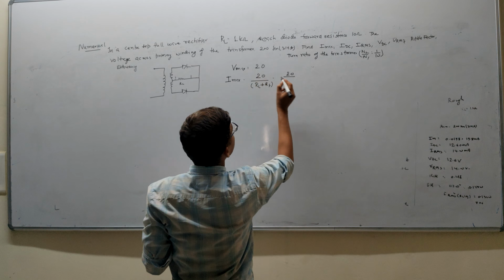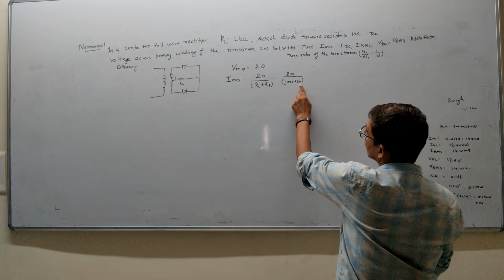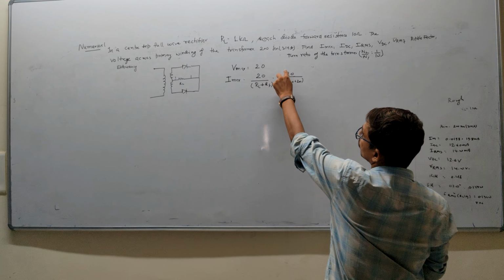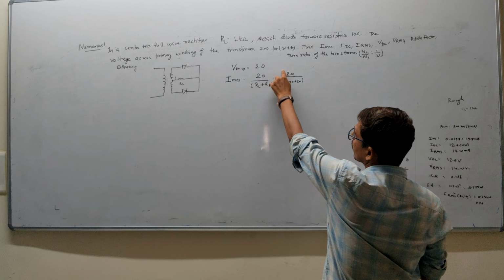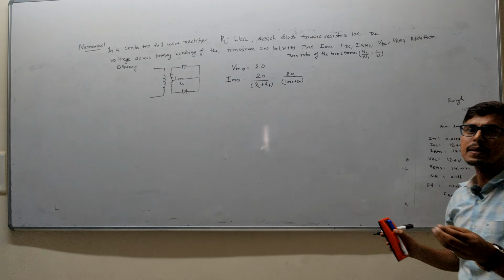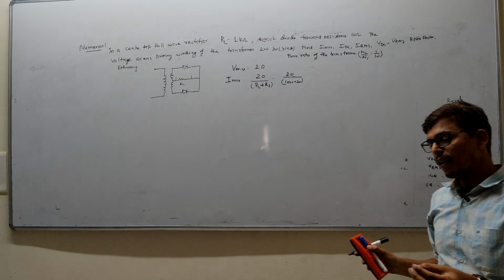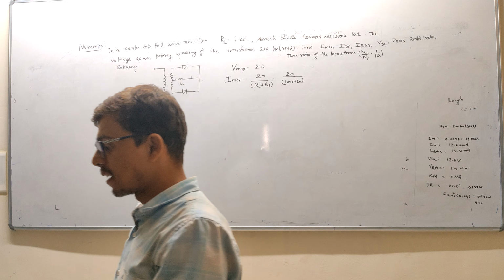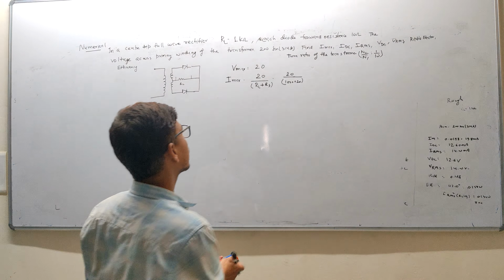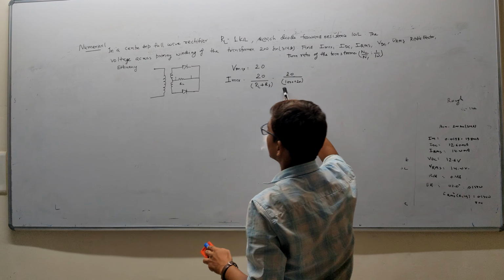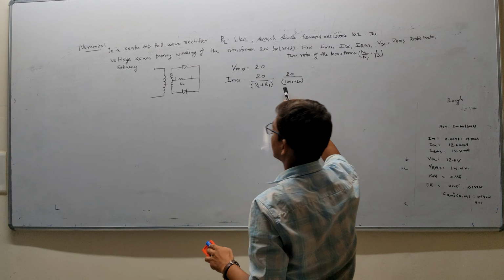RL is given as 1 kilo ohm, 1000, plus 20. If you had neglected it, you would divide 20 by 1000. Since I am including RF, it is 20 by 1020. So there will be a slight difference in the result, but if it is given, better to include it.